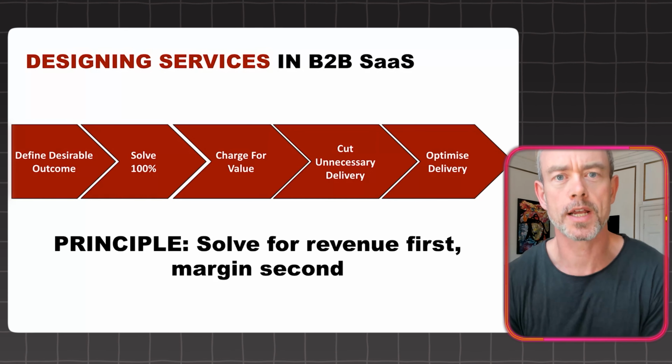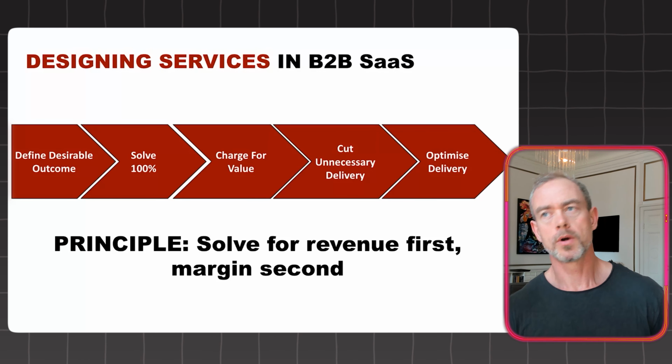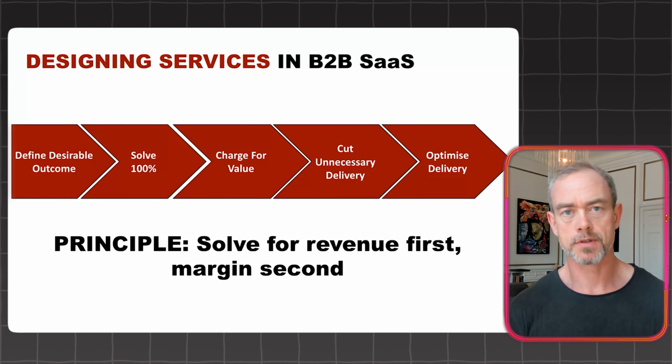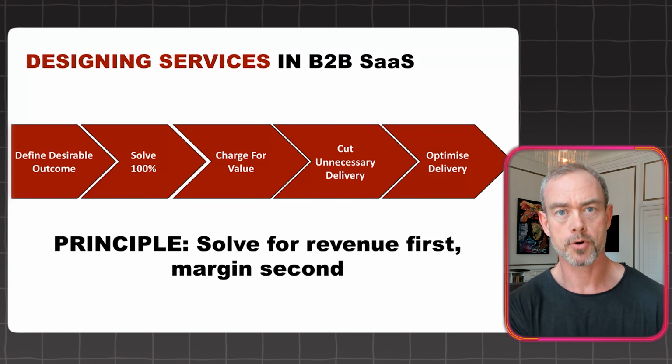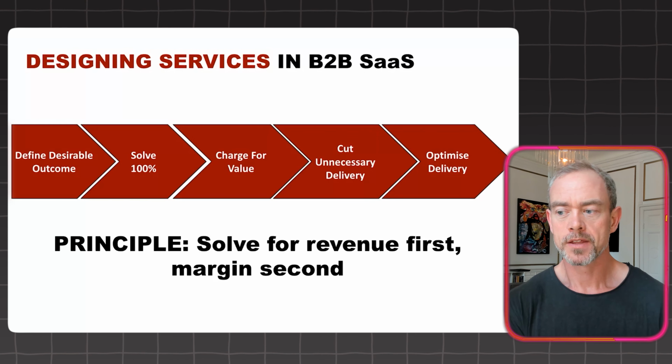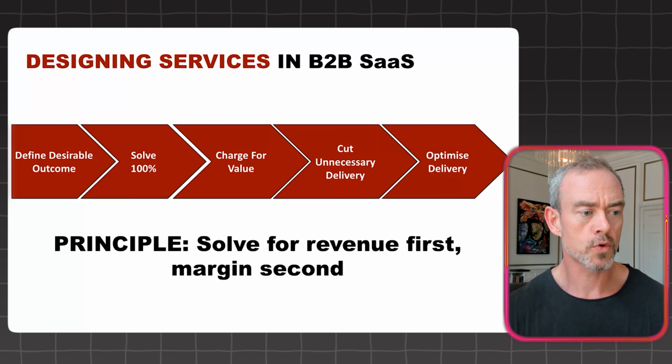But if you have a regular CS function that does account management, the renewals, and at least part of the onboarding to a large extent, then they get to own some of these products.